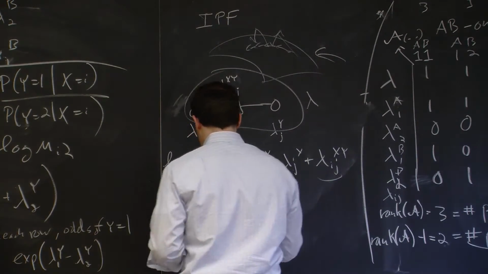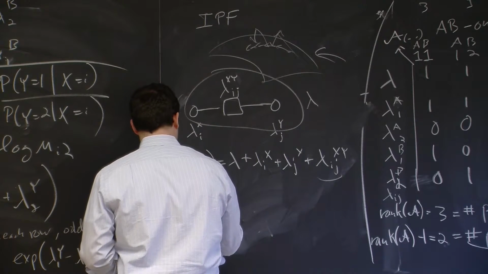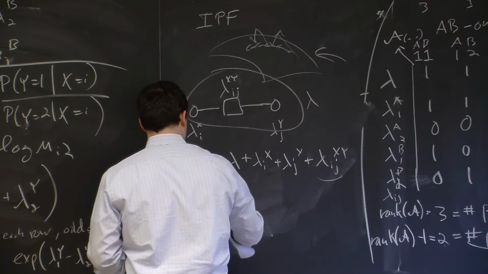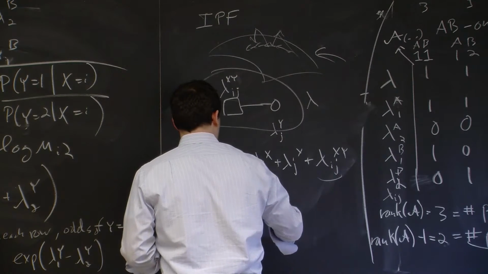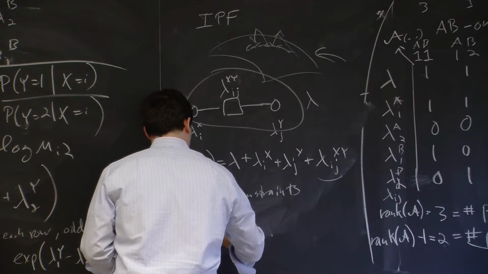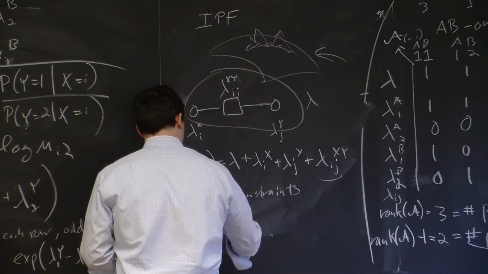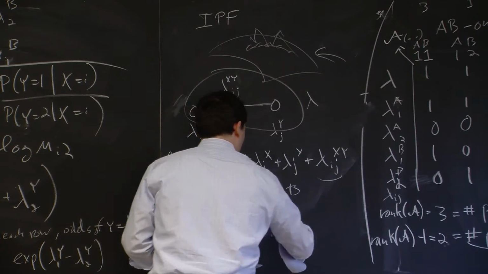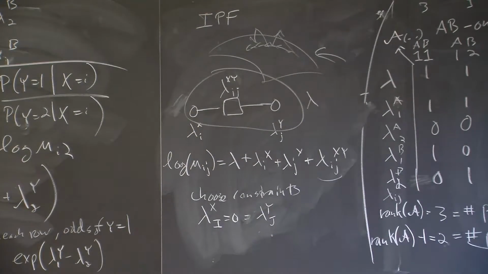An easy way to see how this is going to be simplified is to suppose we choose some constraints. Like we decide to set the last row equal to 0.